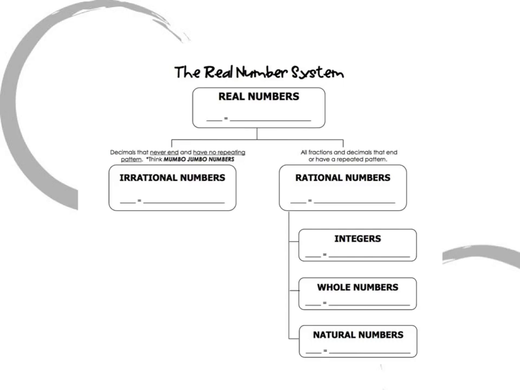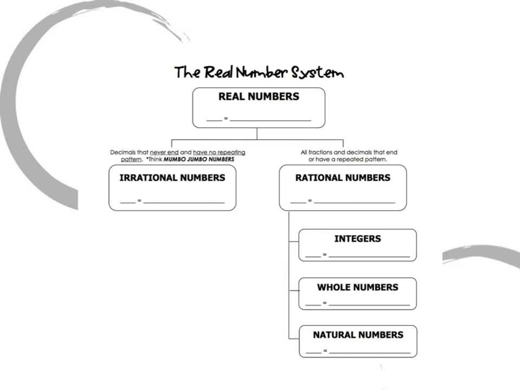I like to think of rational numbers as those numbers that someone could give you exactly. Go to the lumber yard and say, I need 5.2 feet of a board, a length of a board. Whereas an irrational number is a number that can't be written as a fraction or a ratio. It's also a number that goes on forever, and it doesn't end and it doesn't repeat.